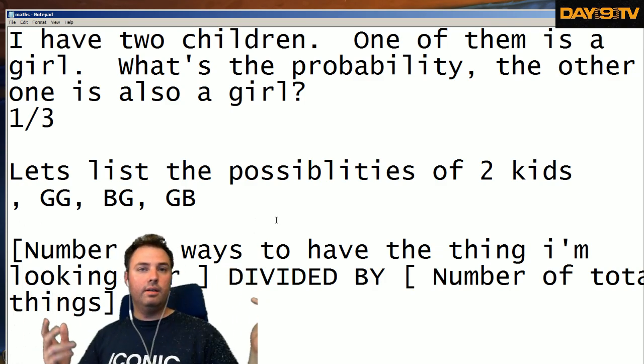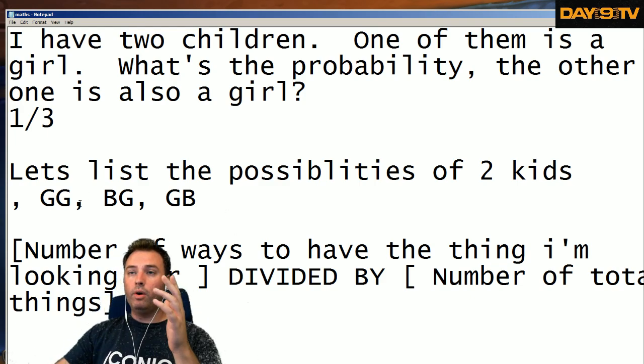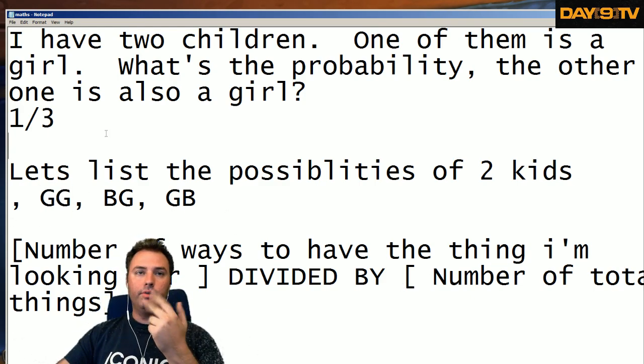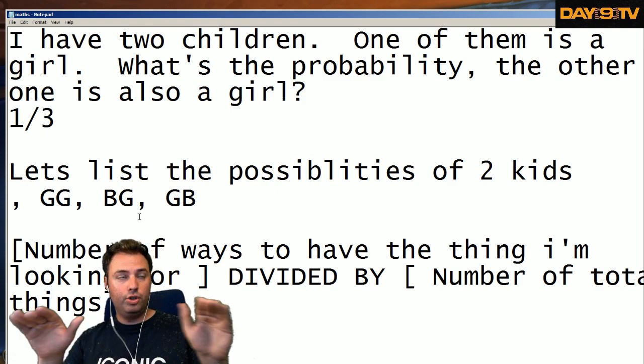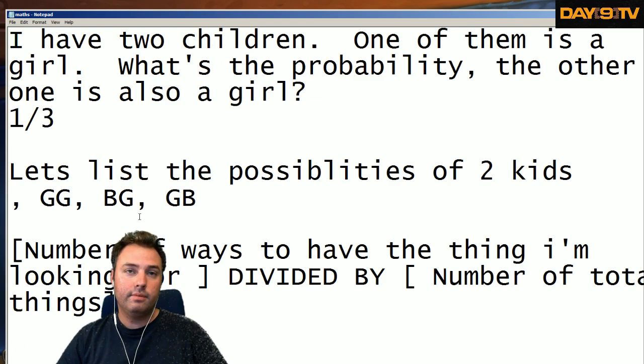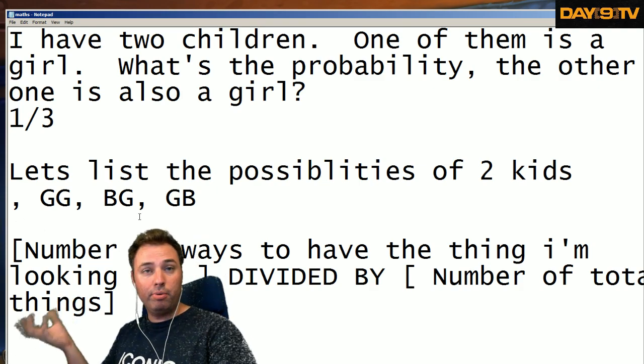That's it. Right? Number of ways to have the thing I'm looking for, two girls, divided by the number of total things. 1, 2, 3. That's 1 out of 3. Period. This is the thing that just ruins people's brains.